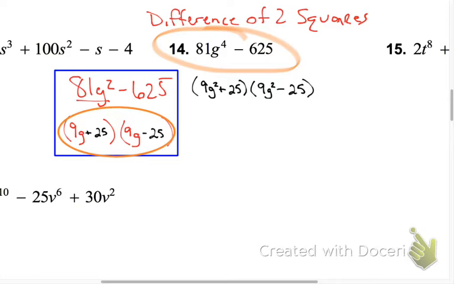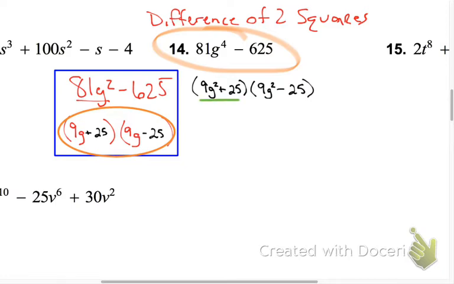So remember, factor completely means what? It's the code for factor it, try to factor it twice, most likely, if possible. So now I have two other parentheses that are there in black. I have 9g to the second plus 25, and I have 9g to the second minus 25.